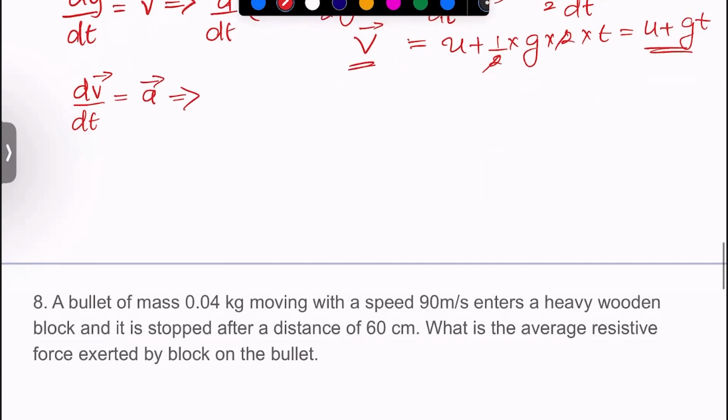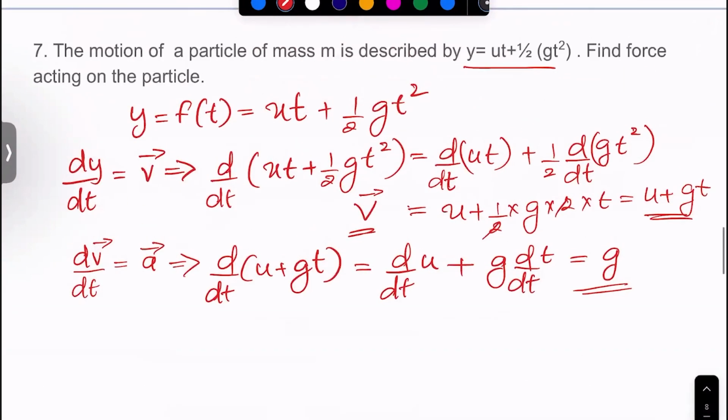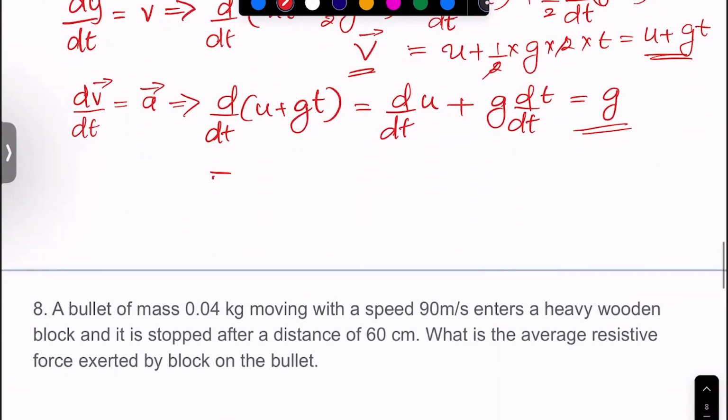So if you differentiate it, you get d by dt of u plus gt, which is equal to d by dt of u. u is a constant with respect to time, so that is 0, plus g times d by dt of t, which becomes g. So the acceleration acting on this object is g. And so the force is equal to mass times acceleration, which is m times g.